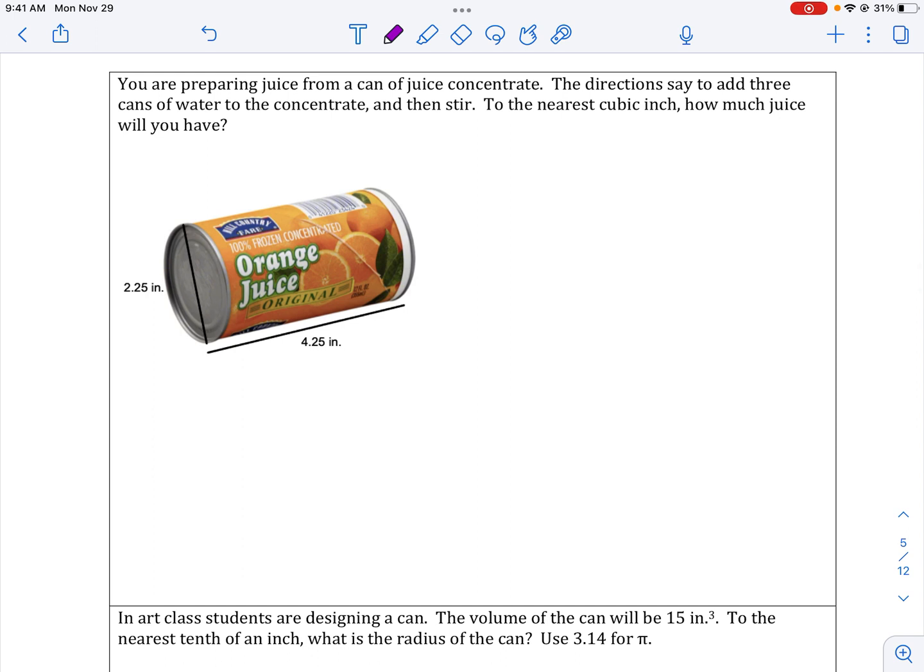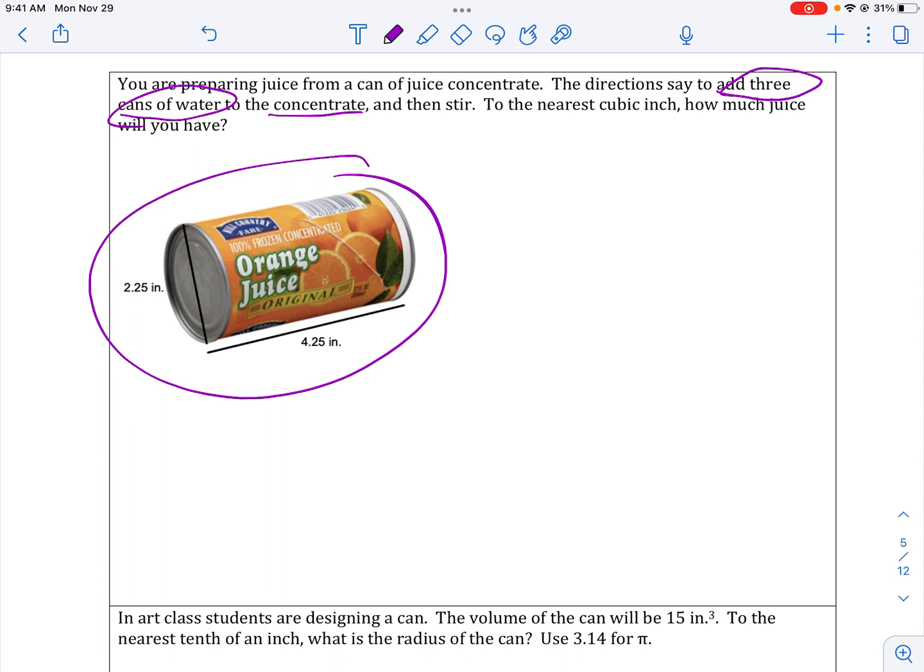So here we're preparing juice from a can of juice concentrate. Directions say to add 3 cans of water to the concentrate. So that's a total of 4 cans because you have the concentrate and then you're adding 3 cans of water. So we are going to take the volume of my juice concentrate here and multiply it by 4.